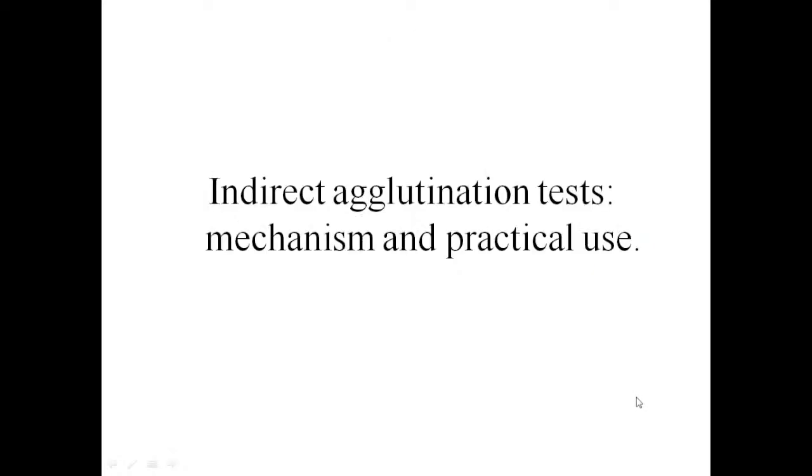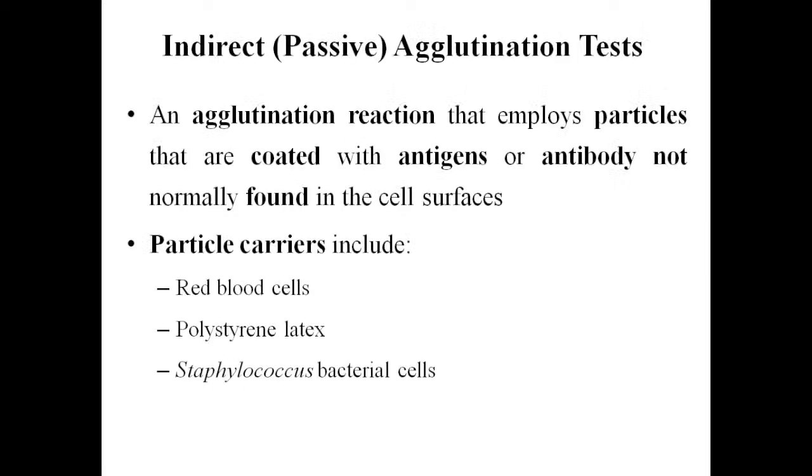Indirect agglutination test is another one. Another name of this agglutination test is passive agglutination test. In this test, we use particles that are coated with antigens or antibodies that are normally found on the cell surface.